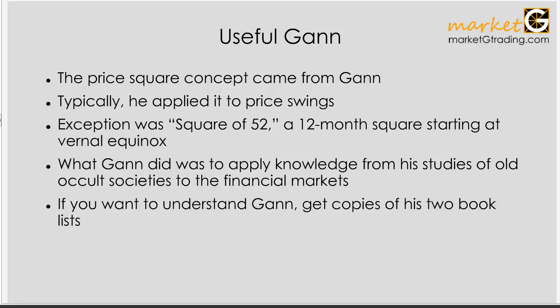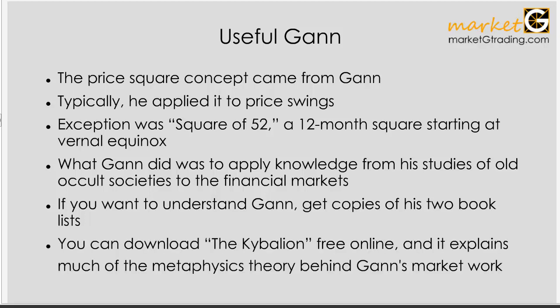If you want to understand Gann, get copies of his two book lists and find some things to read. A good start is one called The Kybalion, and you can download it on Kindle or free online. It's a short little book and it explains the bulk of the metaphysics behind Gann's market work.